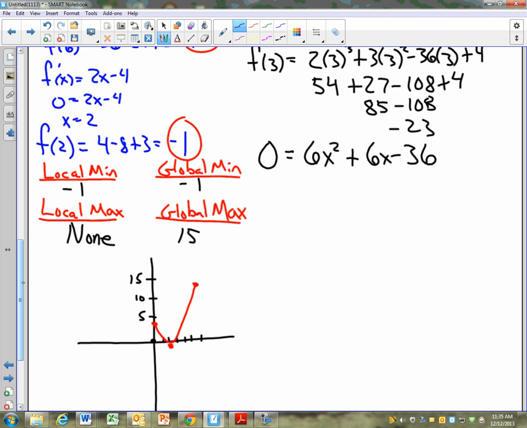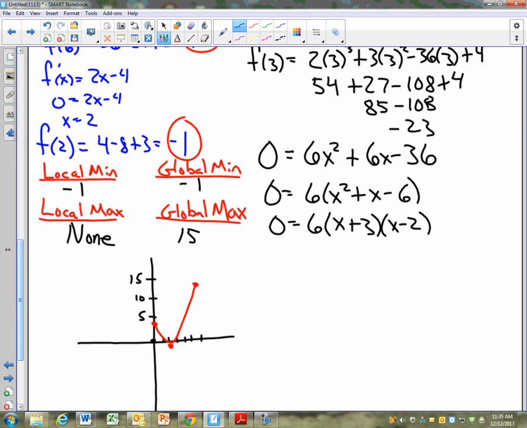Take out a factor of 6. What are two numbers multiplied by negative 6 that add to 1? So negative 3, positive 2.